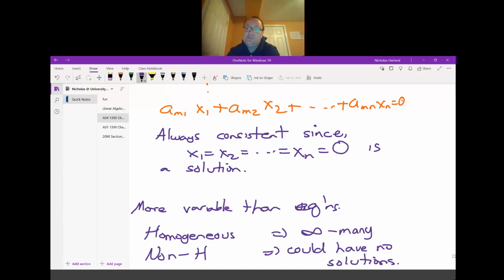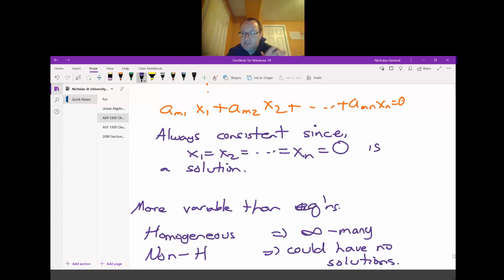More columns than rows. There's got to be a column without a leading one. Which means if it's a homogeneous equation where we know it has a solution, then there's infinitely many. If it's not homogeneous, then we still have a problem where it might not be consistent. But if it is consistent, then there's infinitely many.